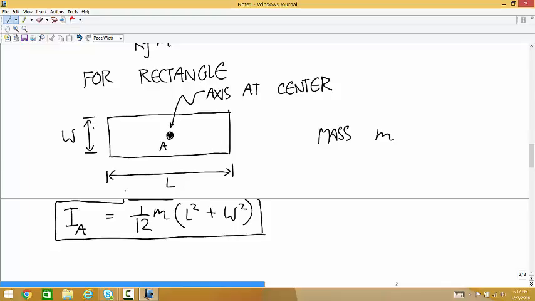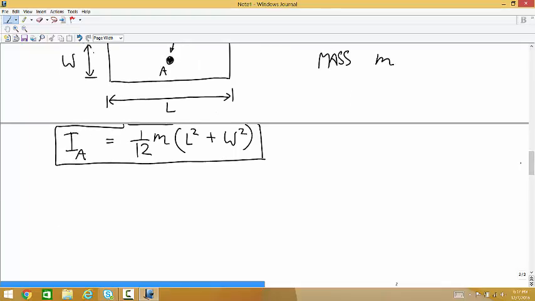First it's a 2, then it's a 3, then it's a 4. And when you're done with all the integrations, those have multiplied together to give you a 12. That's where it comes from. So that's how to calculate the mass moment of inertia if the axis is at the center of the rectangle.